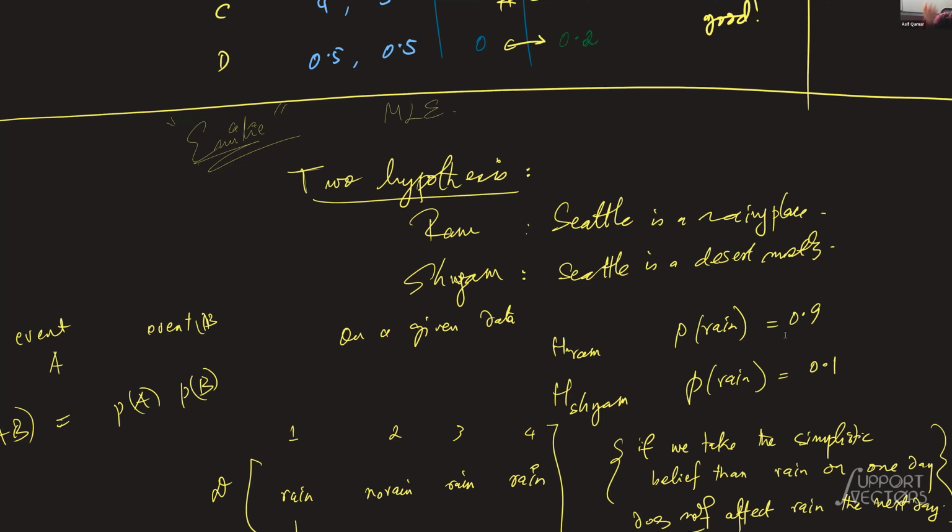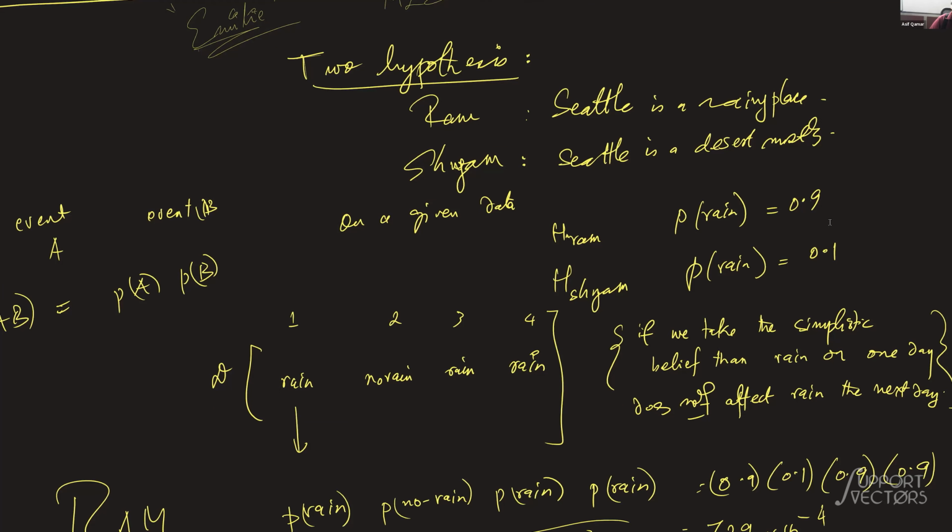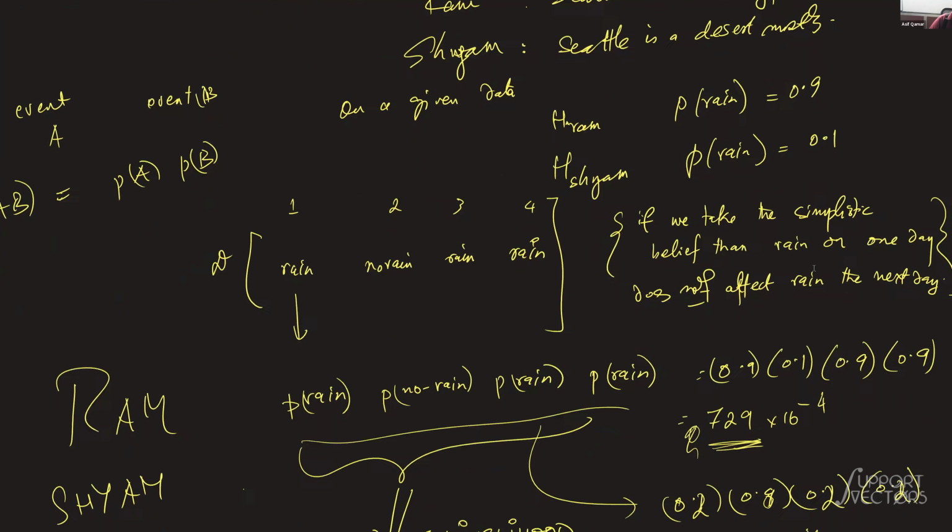So Ram says Seattle is a rainy place. It rains 3 days and 1 day it doesn't. And Shyam says Seattle is a desert. So which of the 2 hypotheses is more likely to produce the data, 3 days of rain and 1 day not? You realize that it is Ram's hypothesis. Ram says it's a 90% chance it will rain every day, and Shyam says it's a 10% chance it will rain every day.